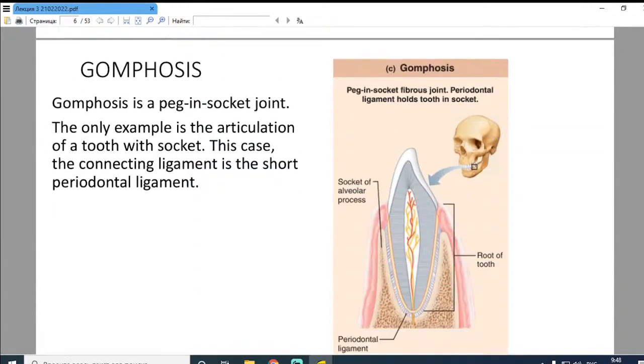Next example, gomphosis. Gomphosis is a peg-in-socket joint. The only example is the articulation of the tooth, or dens, with its socket. In this case, the connecting ligament is a short periodontal ligament. What you see is the periodontal ligament.